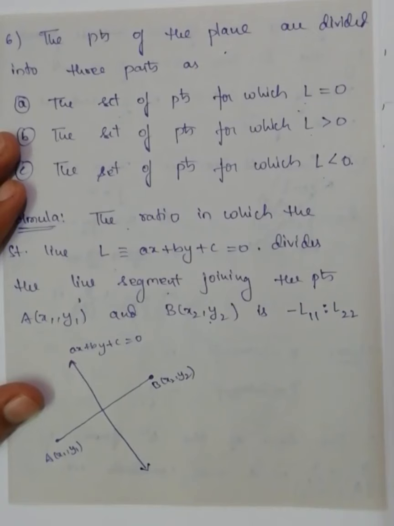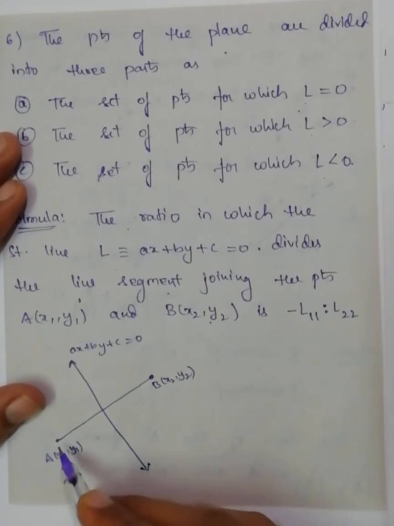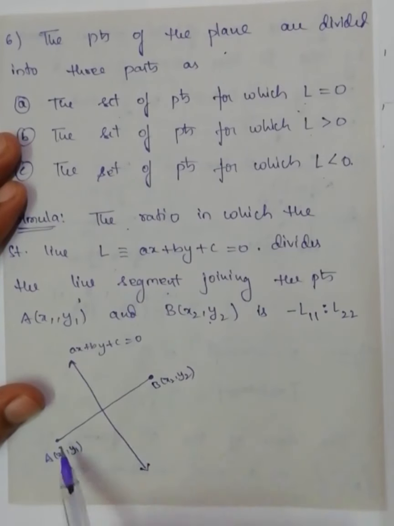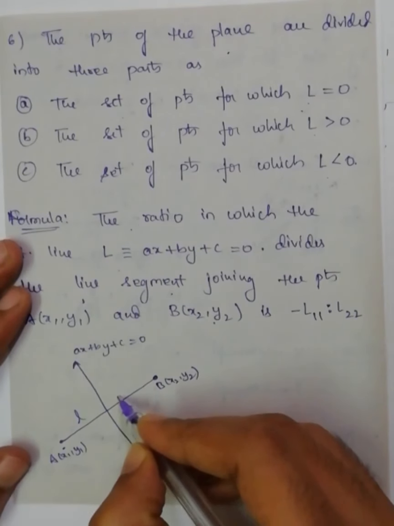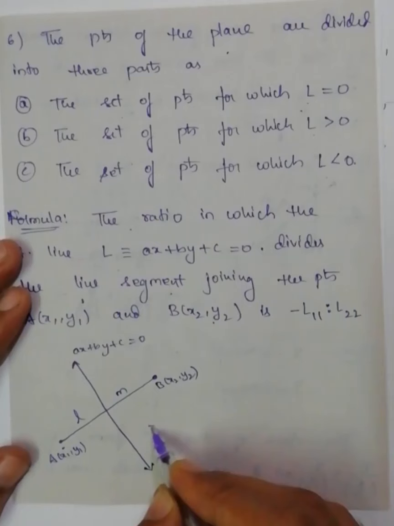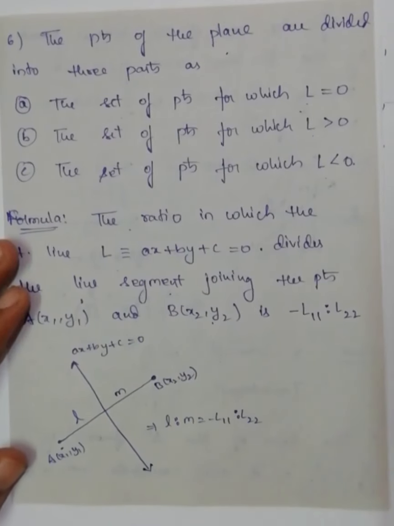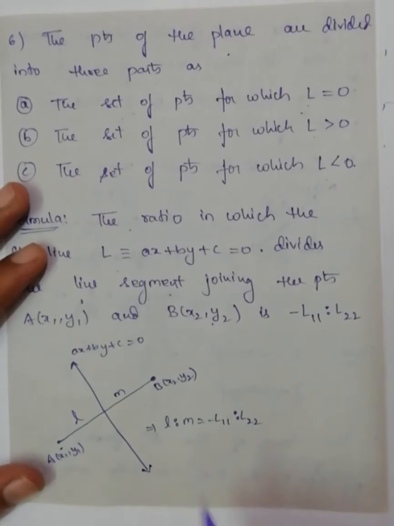In that case, this line is dividing the line segment AB in some ratio. Let us take this part as l and this as m. In this case, we will get l is to m is equal to minus L11 is to L22. In this case, we say that the line L divides the line segment AB internally. From inside, it is dividing the line. There is one more case.